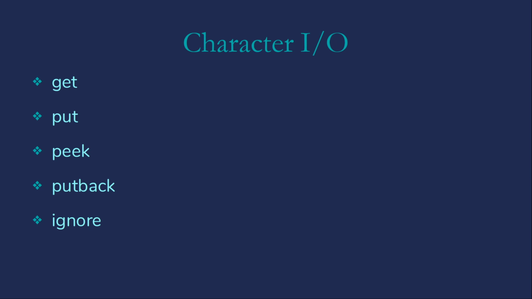So if you're trying to make a decision based on what that next character is, you can look at what it is, but leave it there if that works better for your logic flow. We also actually have a putback. So if I did read something, I can actually put it back on the stream. Now, depending on what kind of stream it is, that could end up with different sorts of behaviors.